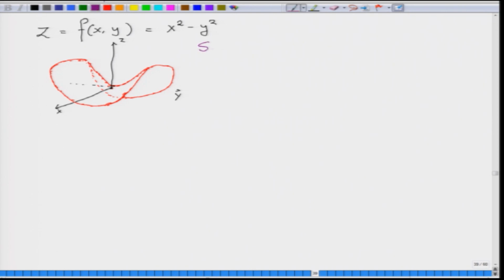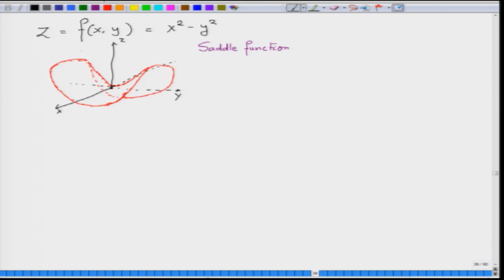It is also called a saddle function, or sometimes a hyperbolic paraboloid, but we will just call it a saddle function. What happens is that if I fix my x and just look at it as a function of y, it gets maximized.